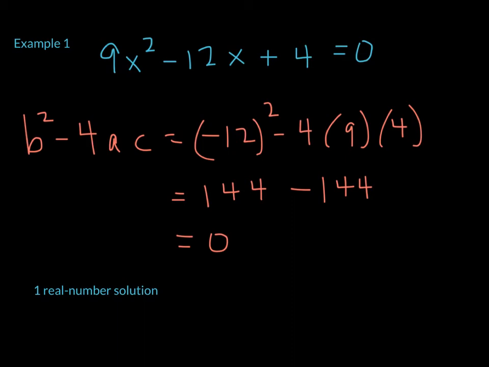Please note that we don't know what this solution is, but we do know that there is only one solution, not 2, and it's a real number. If you want to find what that solution is, you can use the entire quadratic formula. The discriminant is just telling us that there will only be one solution, and it will be a real number.